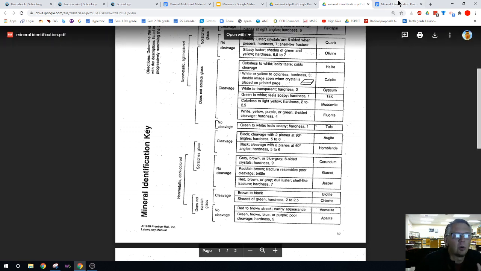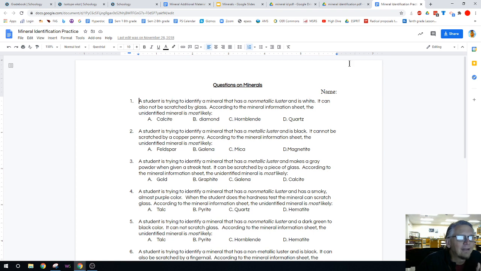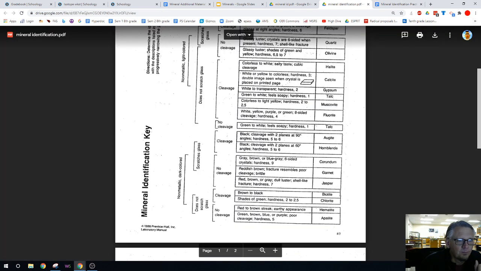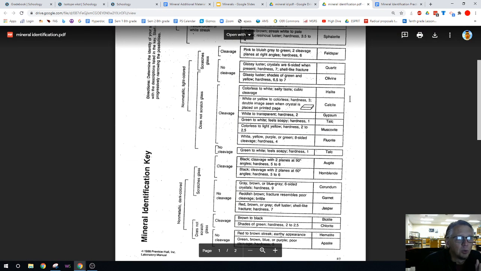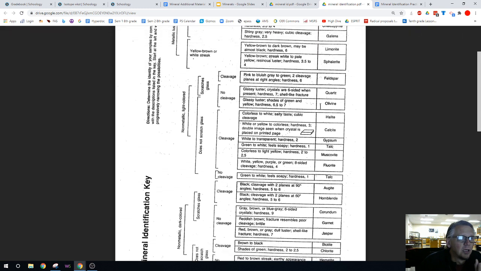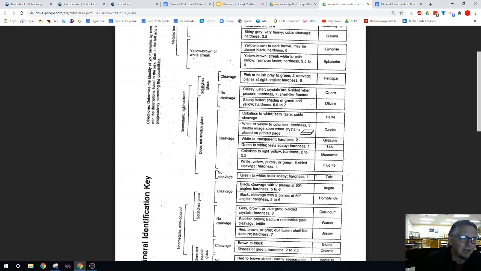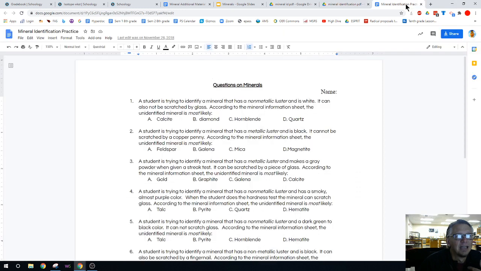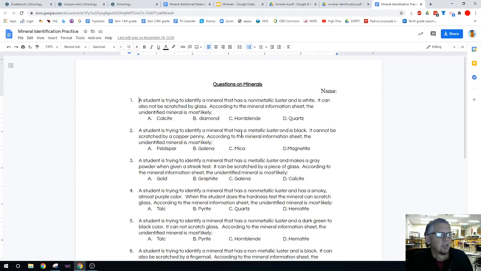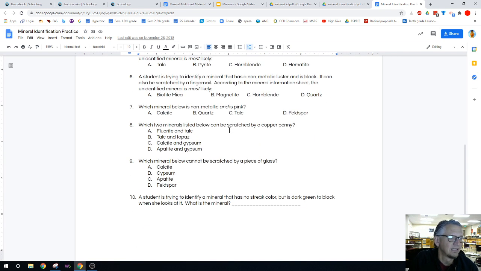So we know it's not hornblende. And quartz. Okay, so here's quartz. So quartz, no cleavage, scratches glass. So it scratches glass, and it is light colored, but since it scratches glass, that tells us the only one that it can be is calcite. So spend the rest of the time doing those.